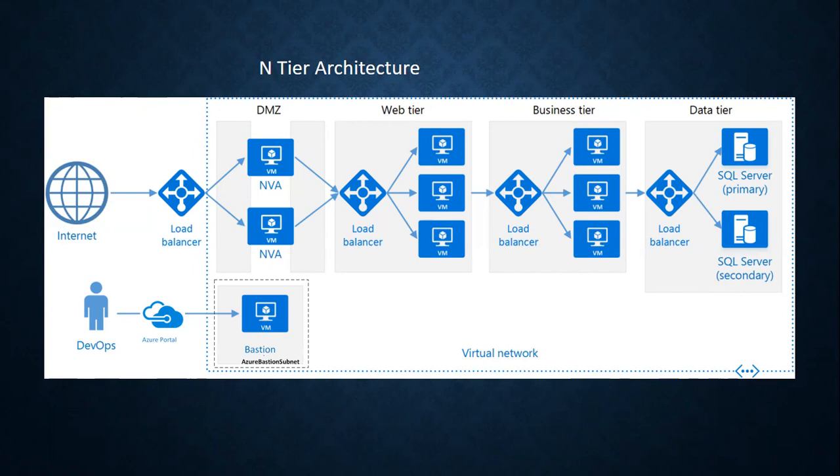So this entire architecture is mostly used for large-scale and bigger applications. For example, e-commerce applications, right? Flipkart, Amazon, these are very big applications, so definitely they use the entire architecture.